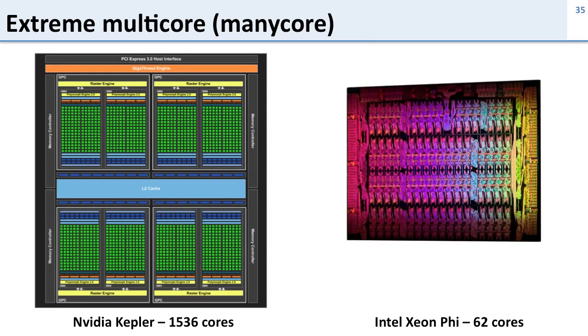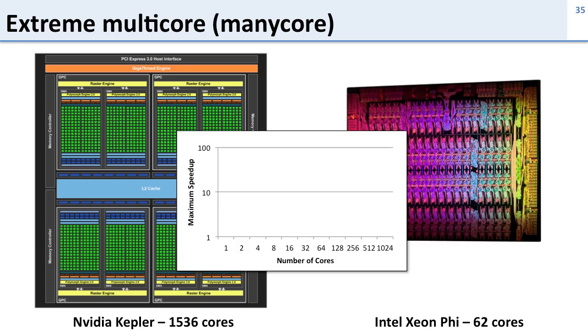So let's take a look at some extreme multi-core or many-core processors. Here's NVIDIA's Kepler GPU, which has 1500 processor cores, and here's the Intel Xeon Phi, which has 62 processor cores. You look at that and say, that's great, it's got to run really fast. But remember what Amdahl's law says. If our program is 75% parallel, the best we'll do is 4 times faster.